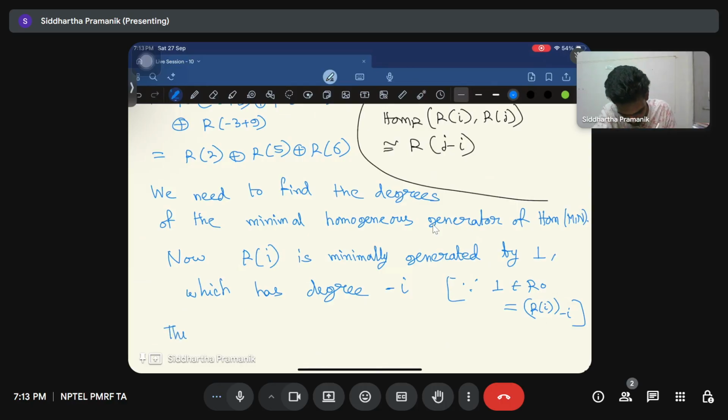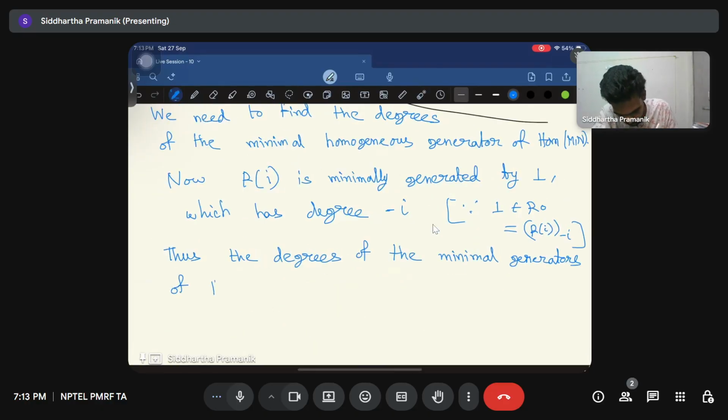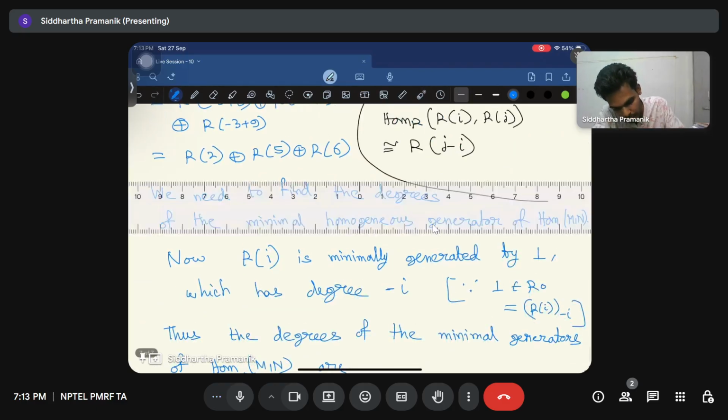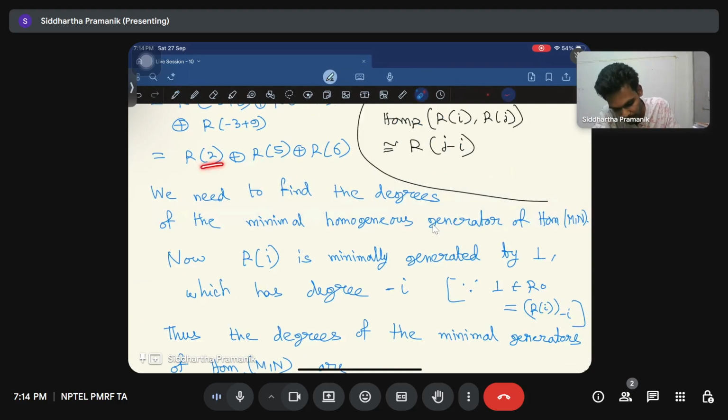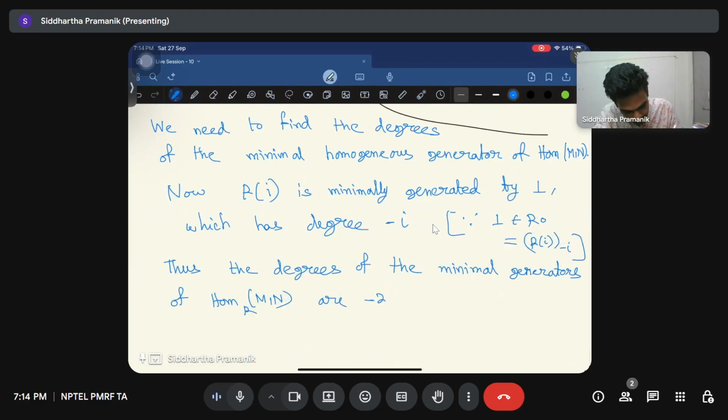So thus the degrees of the minimal generators of Hom(M, N) are minus 2, minus 5 and minus 6.